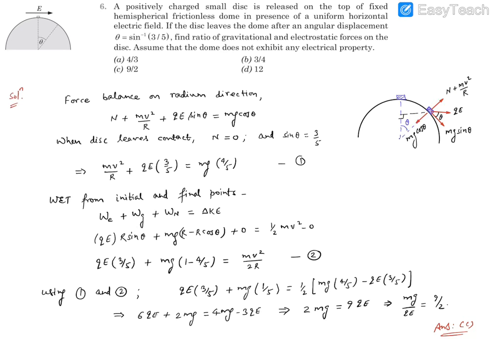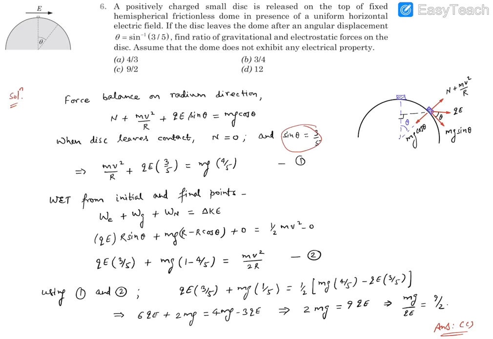If we equate the forces in the radial direction, we'll find the normal reaction N plus mv square by r plus the component of electrostatic force, which is going to be QE sin theta, and this must be balanced by mg cos theta. Now since the disk leaves at this location, the normal reaction will become 0 and theta is known to us. So we put N as 0 and sin theta as 3 by 5.